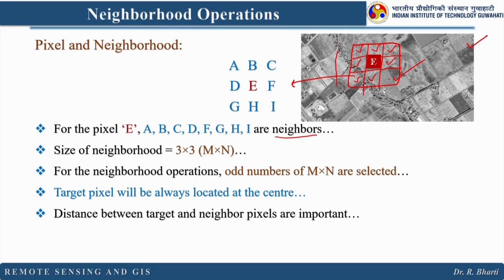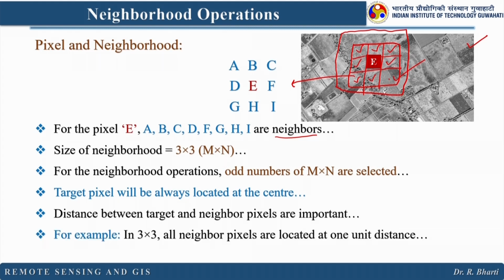But when you are taking 5 by 5, 7 by 7, how will it grow? It will grow like this, for the same E pixel. This is in case of 5 by 5, and if you further grow it will become 7 by 7. That is how we are going to apply the pixel and neighborhood concept in a filter. For example, in 3 by 3 all neighboring pixels are located at unit distance. This I have already explained to you.